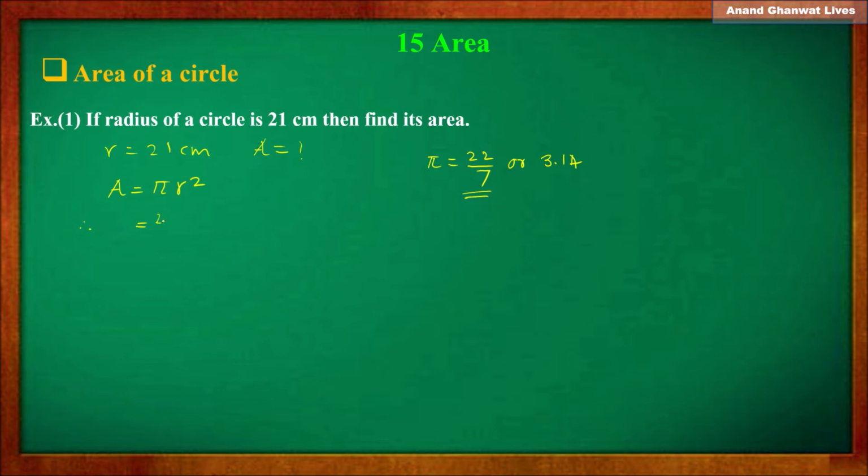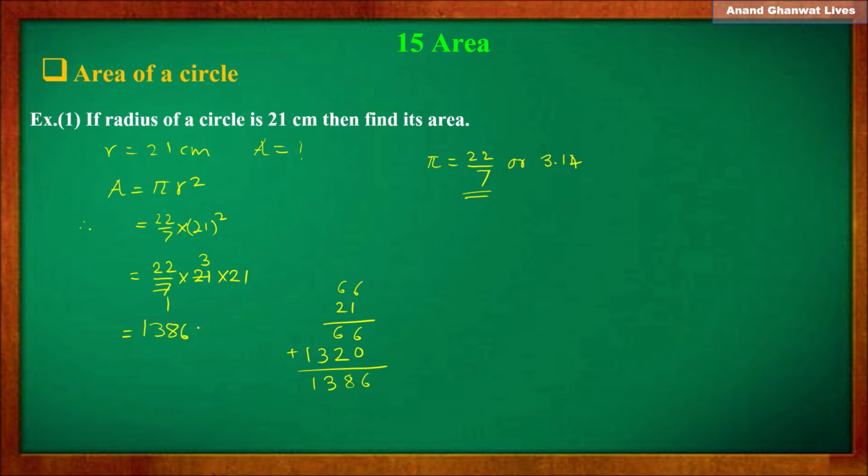So 22 upon 7 into r square, that is square of 21. So it is equal to 22 upon 7 into 21 into 21. So 7 1s are 7 and 7 3s are 21. Now 22 into 3 into 21, that is 66 into 21. 1 into 66 is 66, and 2 into 66 is 132, so the answer is 1386.